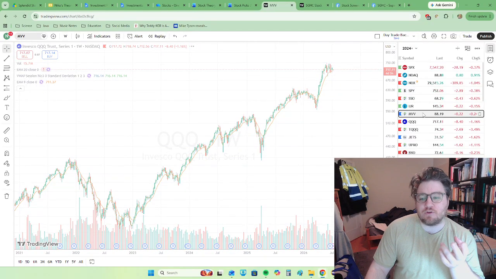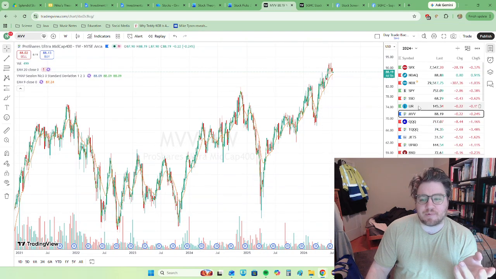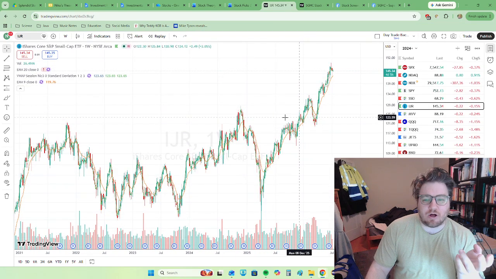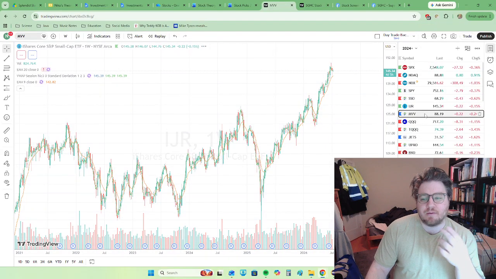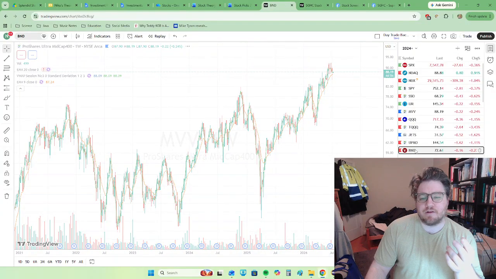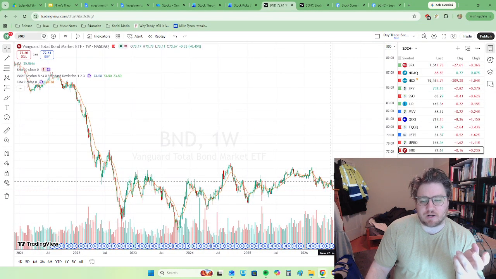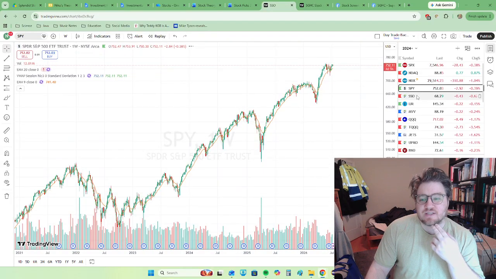If you look at the mid cap, nothing happens. This is the mid cap, nothing happens. And this is the small cap. Maybe in small cap something happens, but in mid cap, nothing's happening. Bond market, nothing's happening in the bond market. So you want to be investing in your QQQ, your leveraged QQQ, which is the TQQQ, your leveraged SPY, which is the SSO.